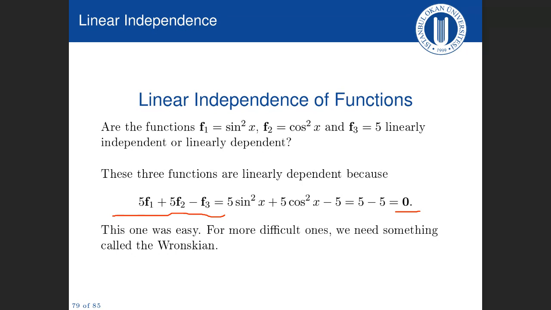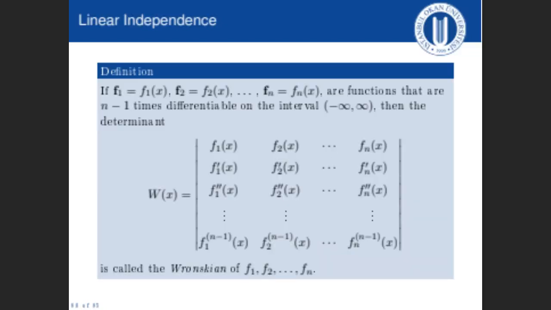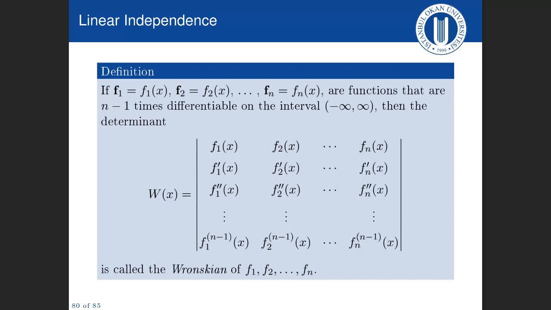Now this one was easy, but for more difficult ones, we need something called the Wronskian. If we have n functions which are n minus 1 times differentiable, then we can write down the determinant of this matrix. Now, first column is the first function, and then the derivative of the first function, the second derivative of the function, all the way down to the n minus 1 derivative.